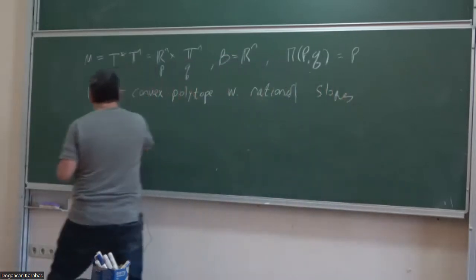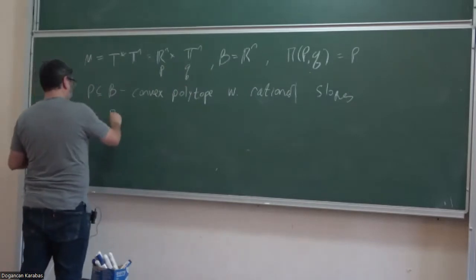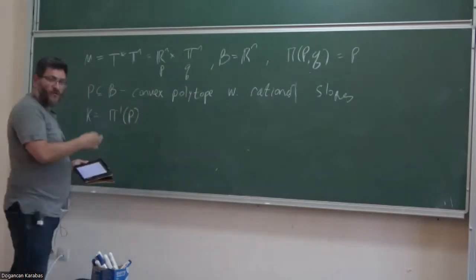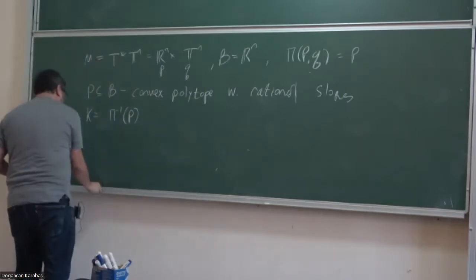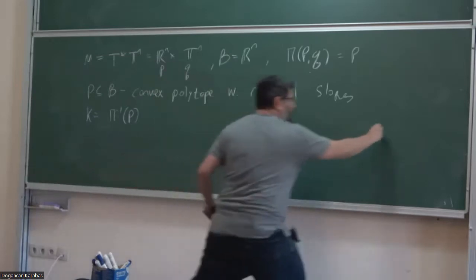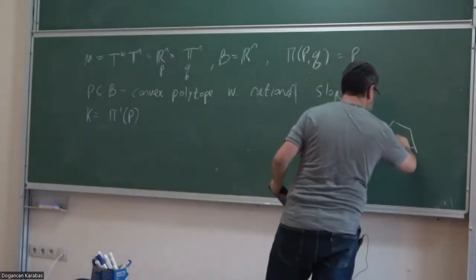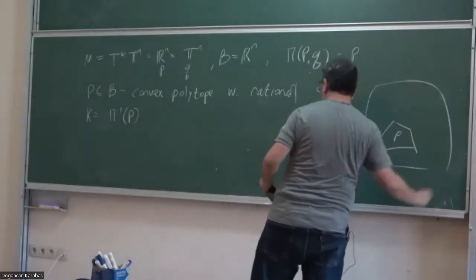And then K will be the pre-image of this convex polytope. So I draw it here: this is P inside R^2.